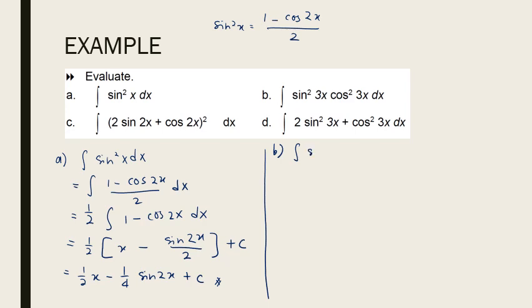So what is the identity for cos square x? You have to memorize this. Sin has minus, cos has plus: 1 plus cos 2x over 2. It's the same, easy to remember. So we must replace both of the powers.